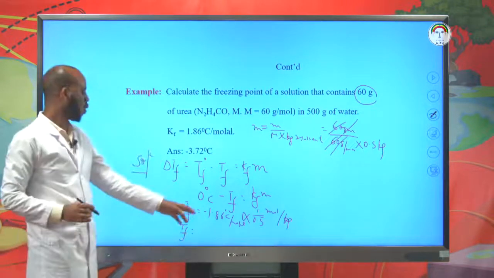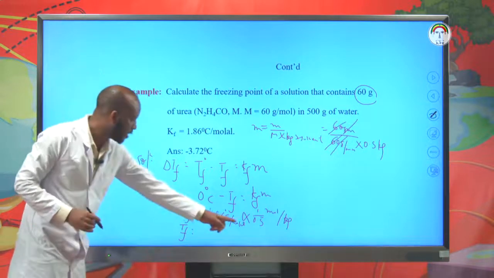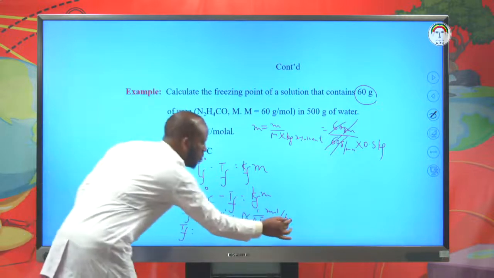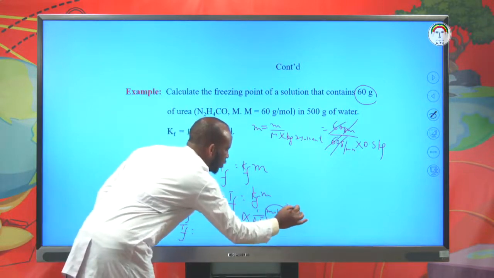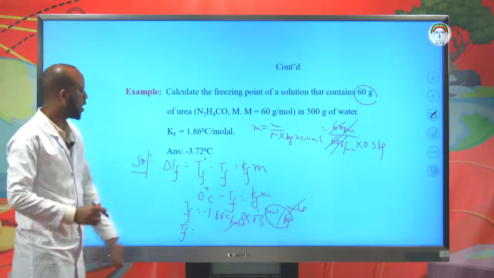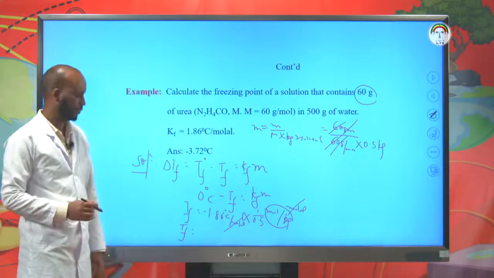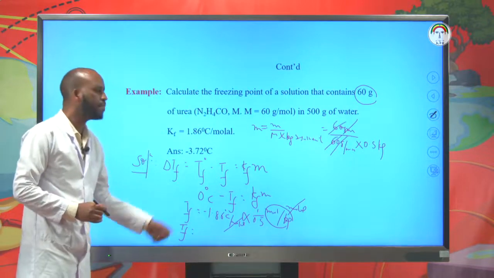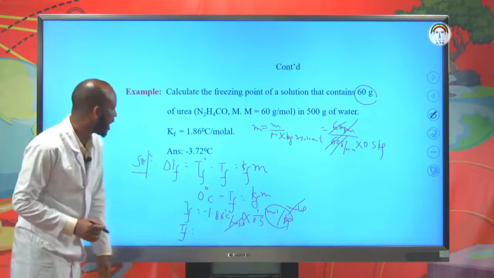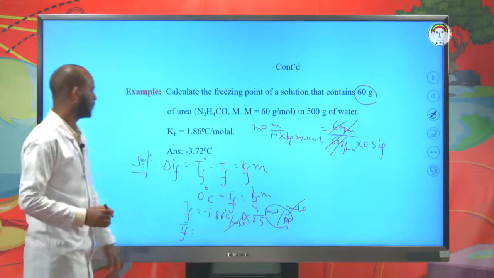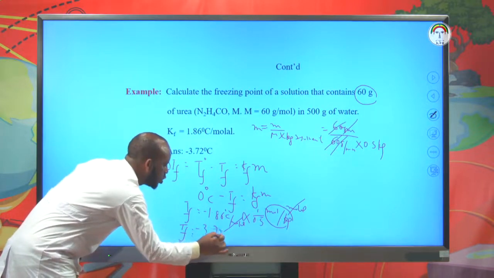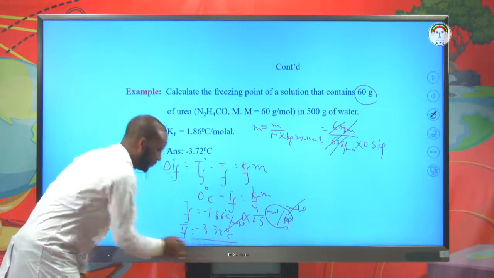equals minus 1.86 degrees centigrade per molar. Mole per kg is molar. Now molar will be cancelled by molar. We are left with degree centigrade, which is the units of temperature. Therefore, minus 1.86 degrees centigrade times 1 over 0.5 is minus 3.72 degree centigrade.